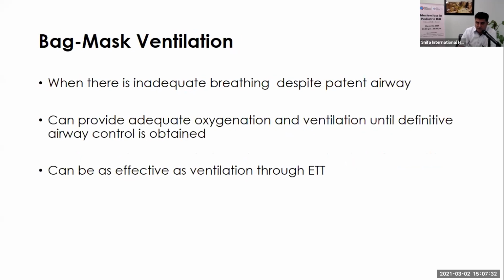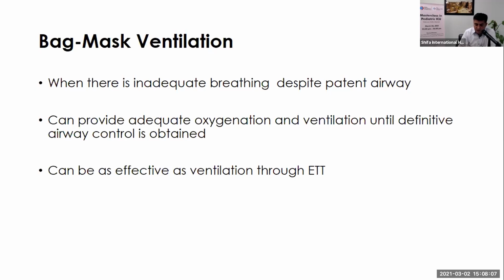The next thing is, if with your suction, your positioning of the airway and giving oxygen, it does not improve your saturation or does not improve your breathing, then you can simply go to bag mask ventilation. But in those patients in whom the breathing effort is low, you can even go from the start to bag mask ventilation. So if there is inadequate breathing despite patent airways, you can simply provide oxygenation and ventilation by bag mask.